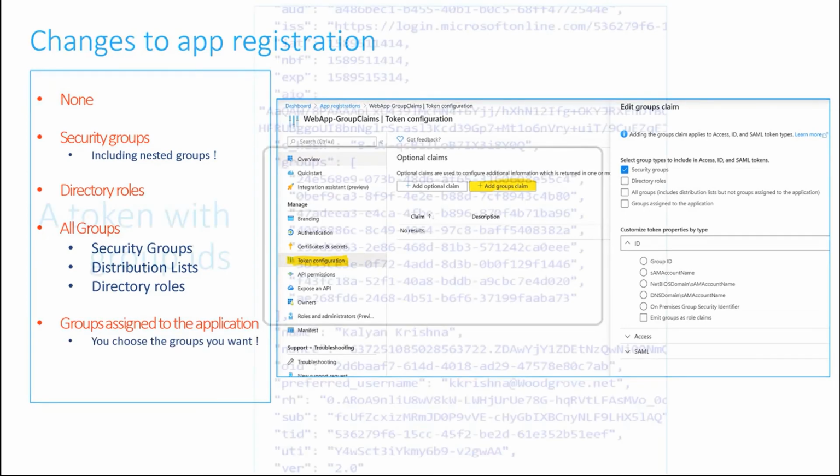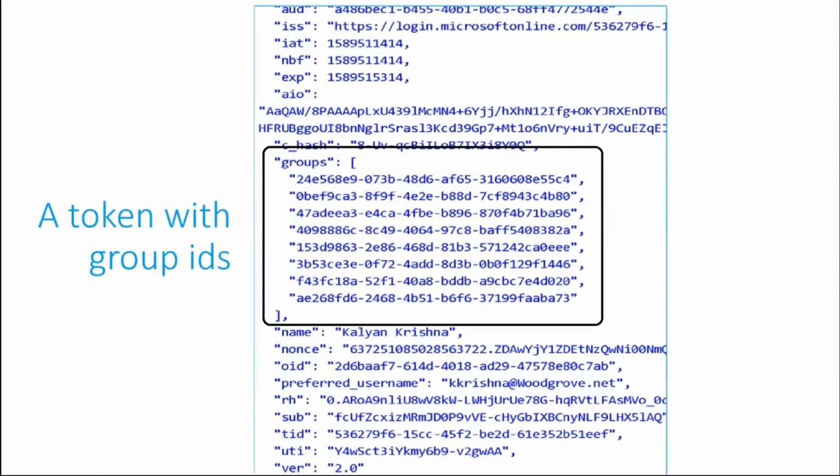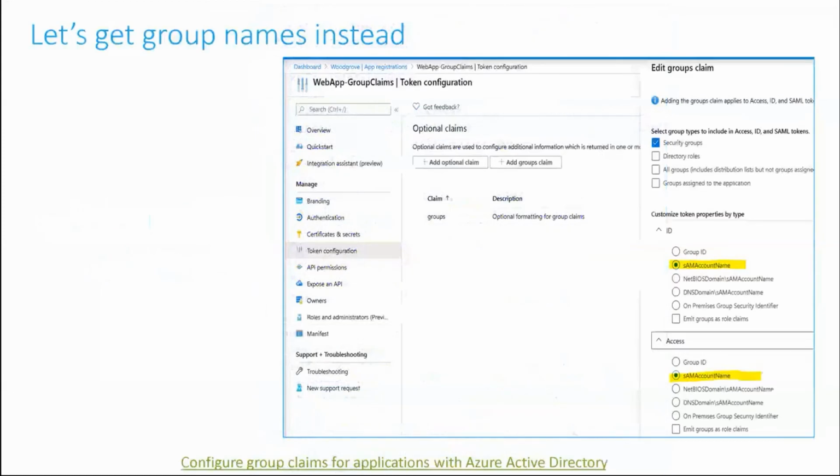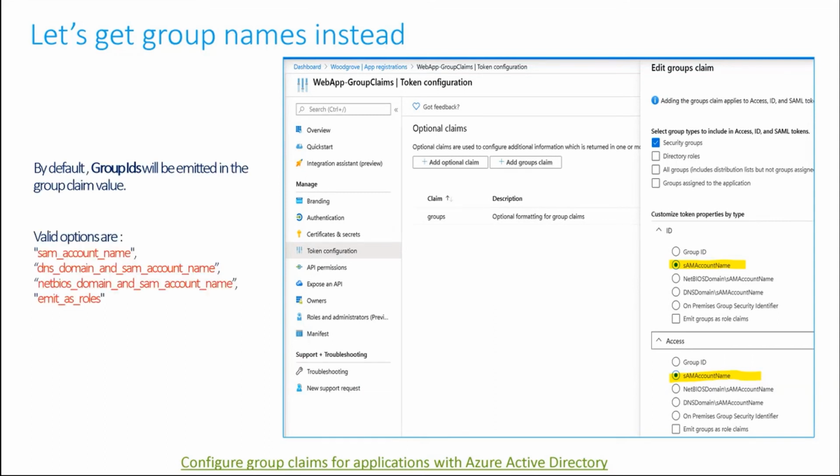So going forward, this is how a groups claim typically looks in an Azure AD token. But just note that unless you are working with on-premise groups, you cannot get group names today. If the group is synced from an on-premise AD using AD Connect, we have an option called SAM account name available, which allows you to get the names instead of group IDs in the token.